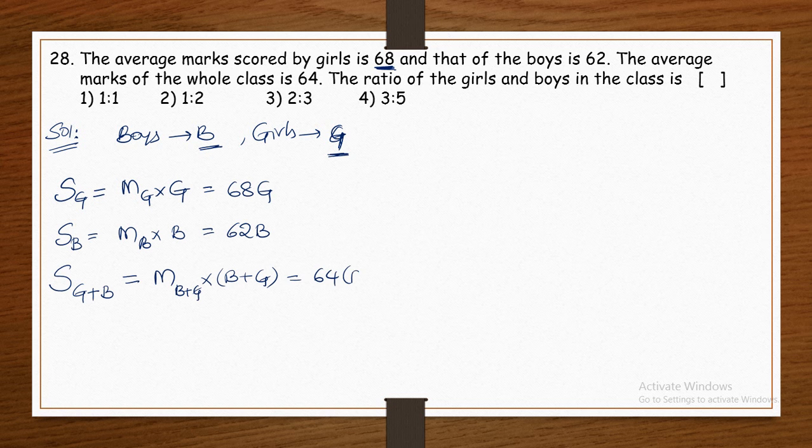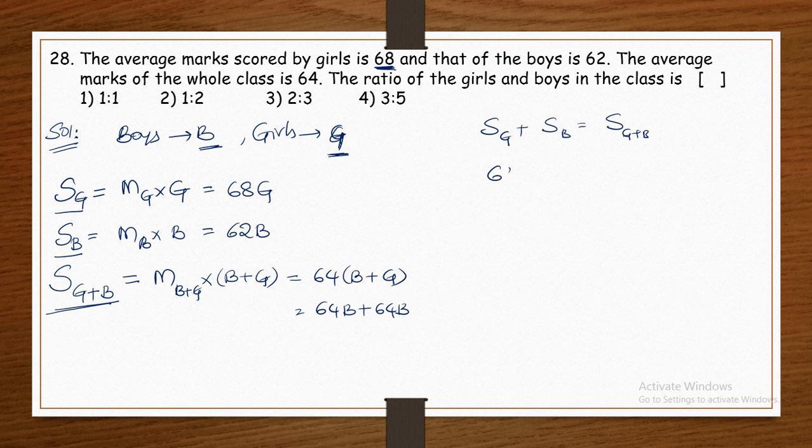So 64 into B plus G. When I multiply this, I get 64B plus 64G. In the previous video we discussed a similar problem. Here the sum of girls plus the sum of boys is equal to the sum of girls plus boys, which is nothing but the sum of the whole class.